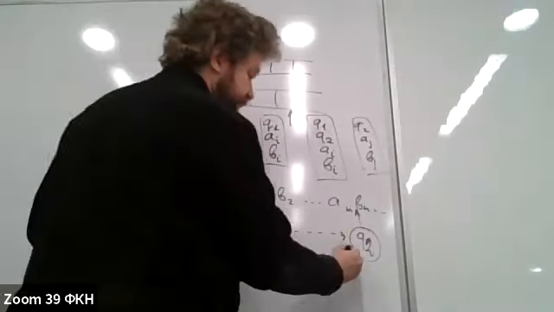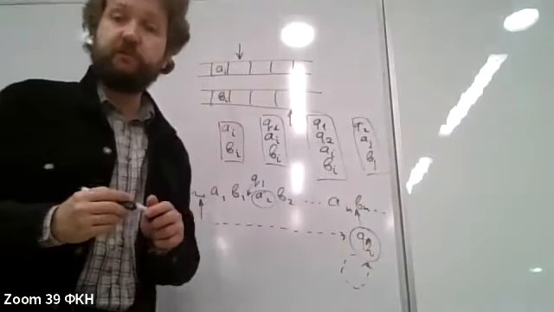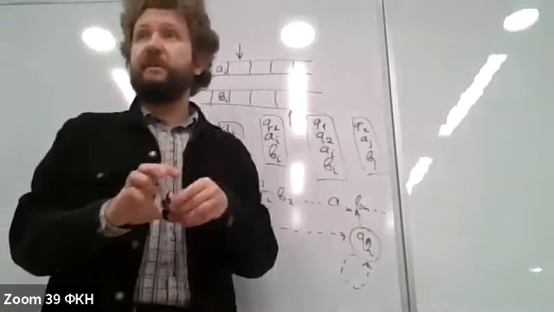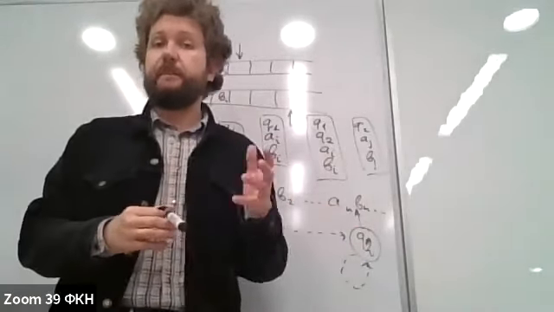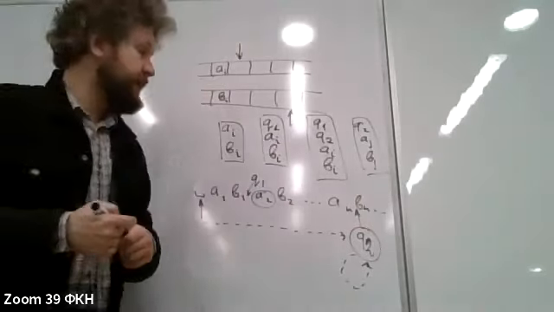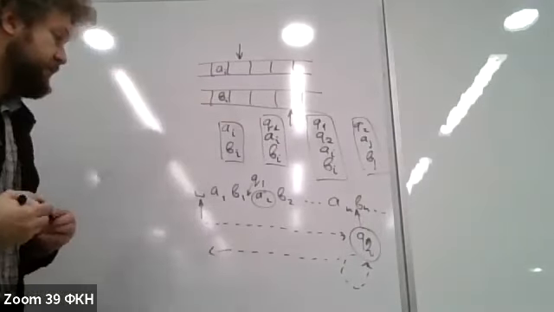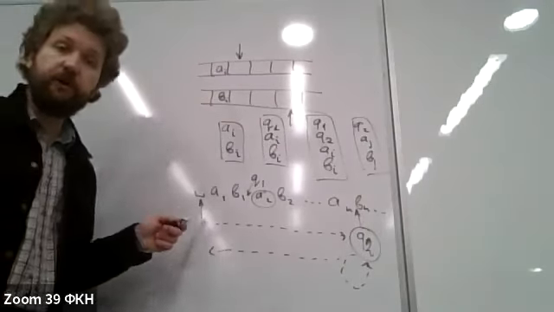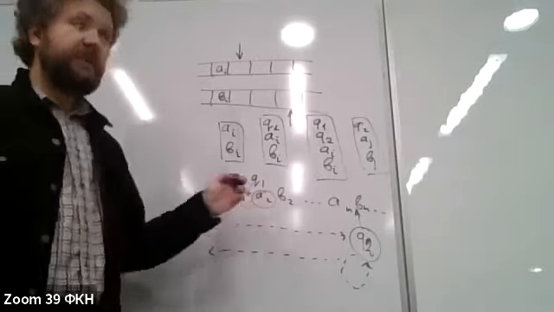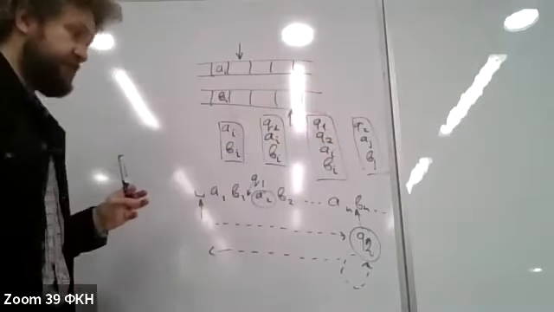Then you perform the step here, which means that you replace this Q2, you move it somehow. It's a local transformation which can be done by a one-tape Turing machine in a constant number of steps. And then you go backwards and park your pointer at the beginning. This is important because if you don't park it, you don't know whether you should go to the left or to the right. Here you always go to the right, do your operation and go backward.